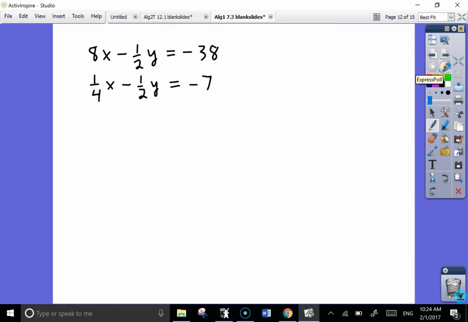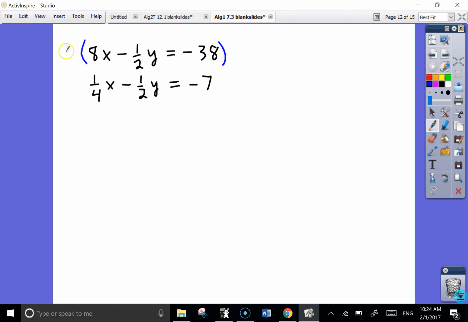Okay, then that's going to leave us with a couple more problems which are where fractions or decimals are involved. So in this first one, we've got fractions. Just like we did in the homework last night, let's take a step that gets rid of the denominators so there's no more fractions. In this first problem, there's only one denominator, and it's 2.